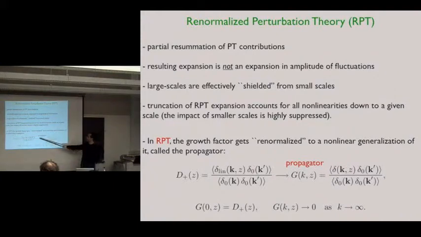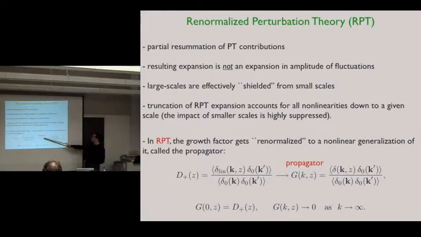What we will see is that when we resum an infinite number of diagrams coming from solving the equations of motion, this quantity gets renormalized, and the renormalization is just equivalent to replacing this linearly evolved density perturbation with a fully nonlinearly evolved density perturbation. Okay? So this is going to be the result, which I'm going to get into in a second.